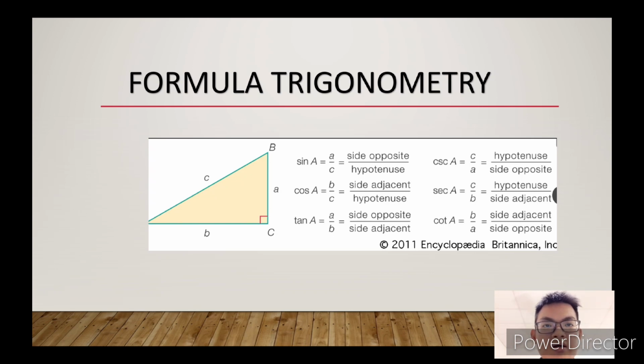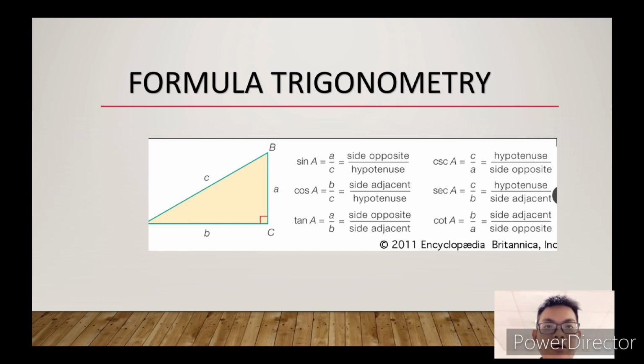Formula sin is opposite per hypotenuse. For formula cos is adjacent per hypotenuse.